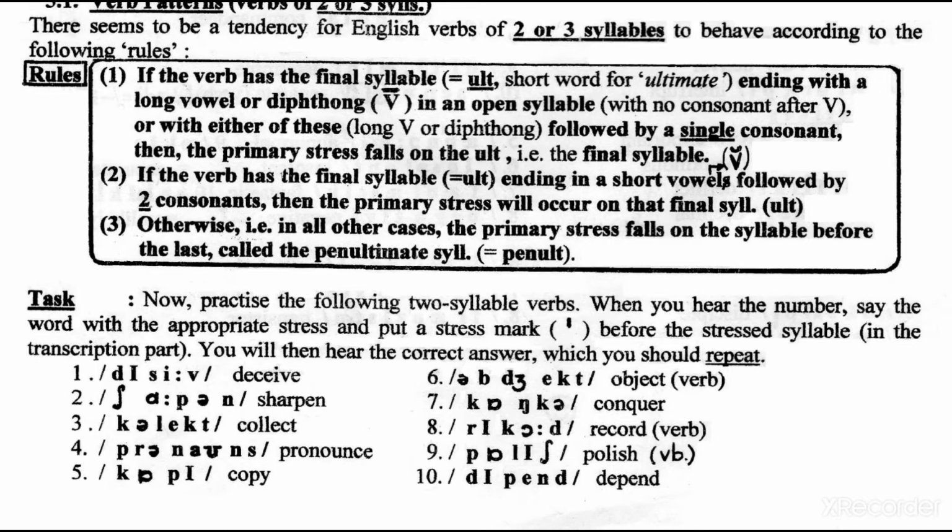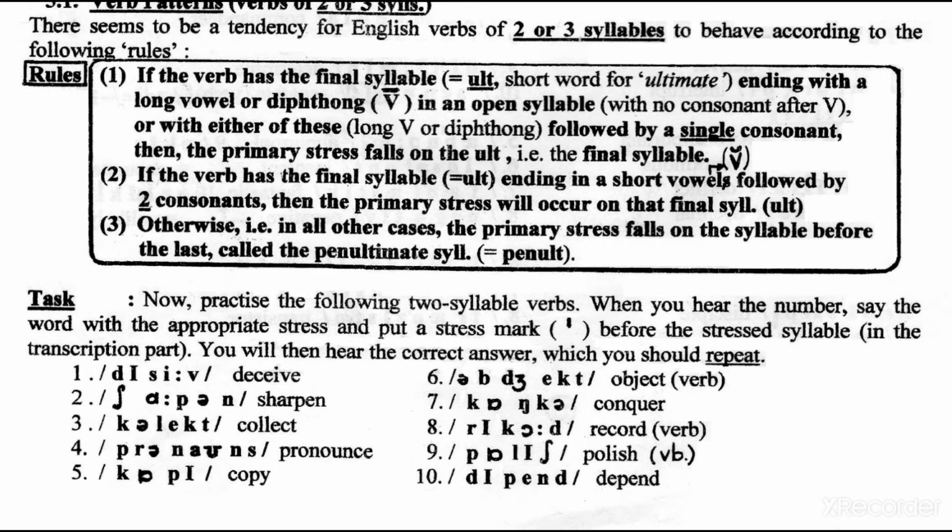Number 1. Deceive. So here the stress is on the alt. Good. The alt is the last syllable, the first from the end. So the stress is on ceive. Why is the stress on ceive? Because you have used Rule 1a.